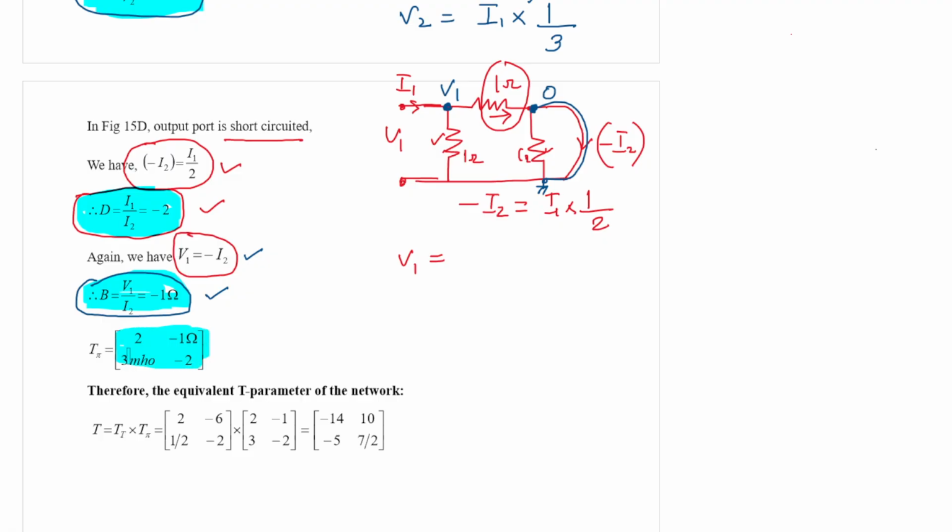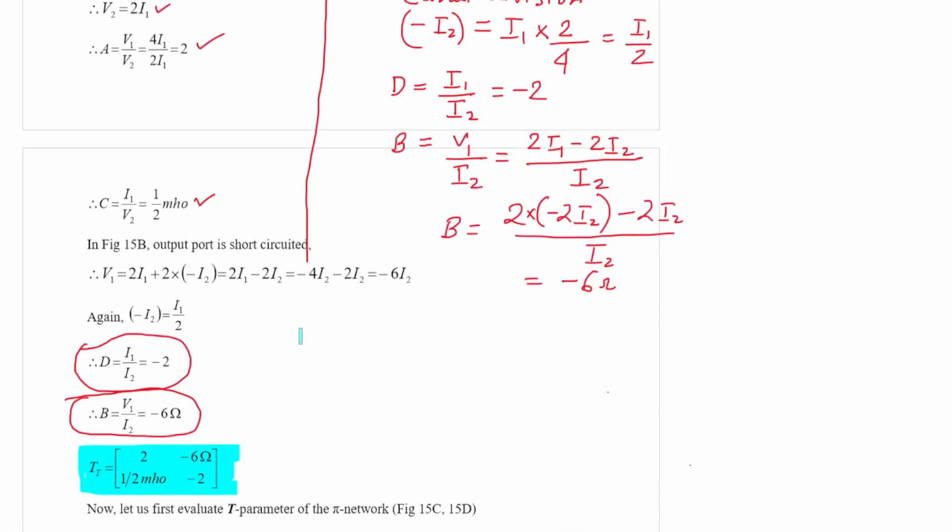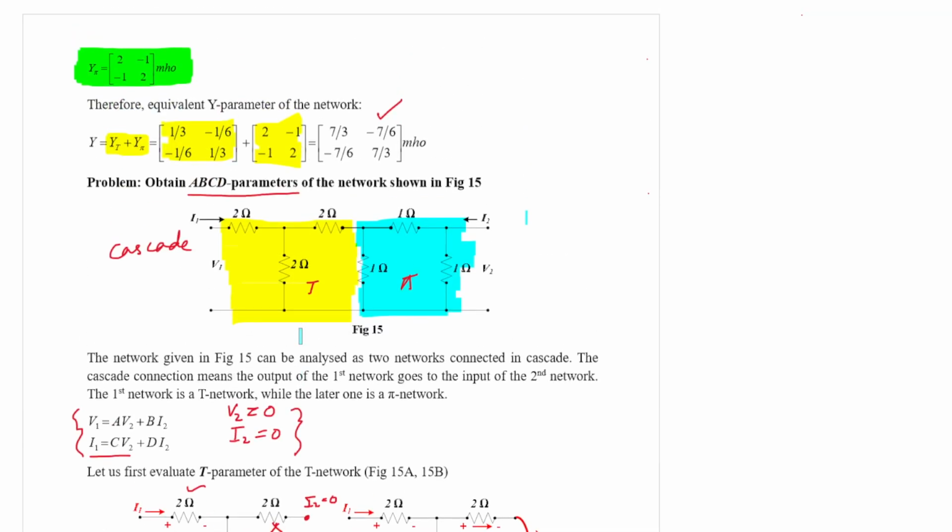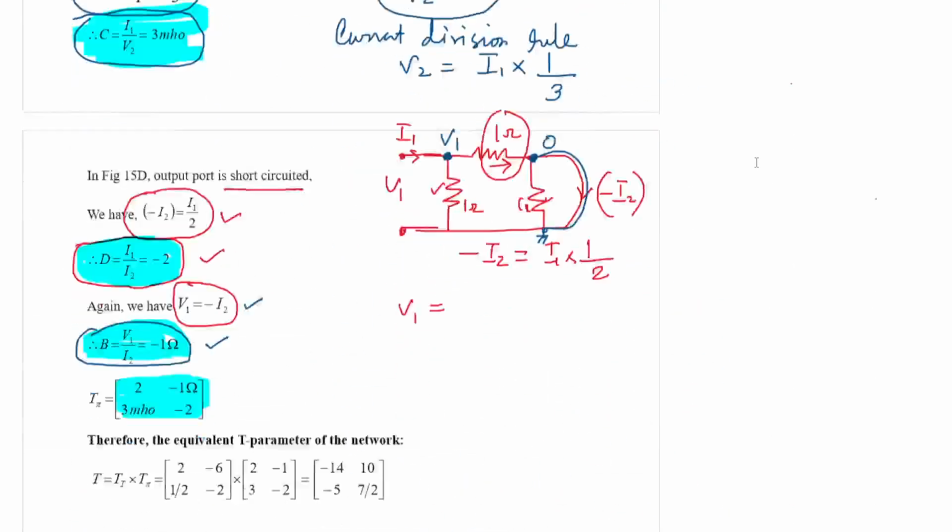Now we can apply, please recall, the very useful tip we have already gone through, that if two networks are connected in cascade, then their respective T parameters, T1 and T2, will be multiplied to get the equivalent T parameter.